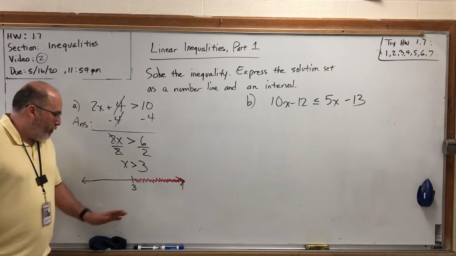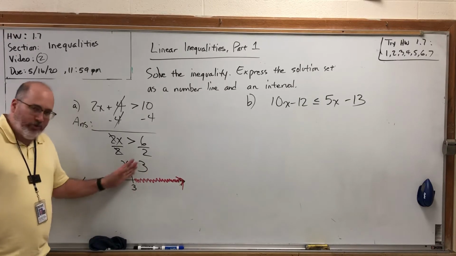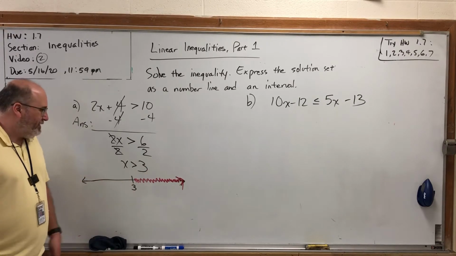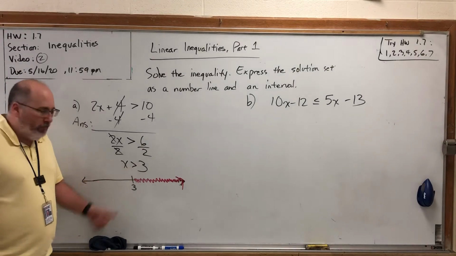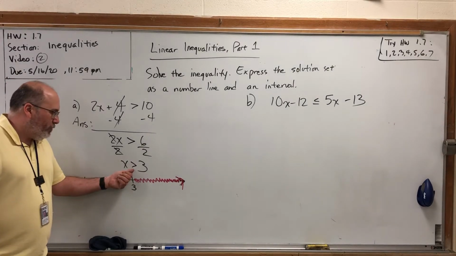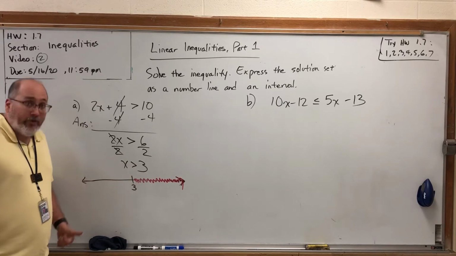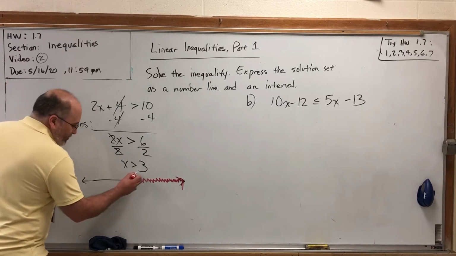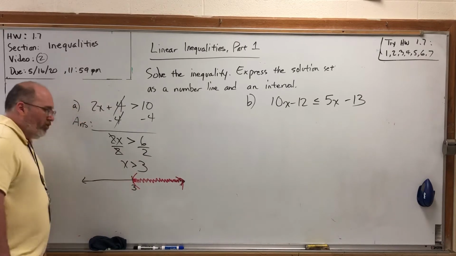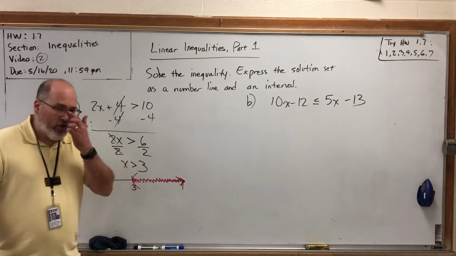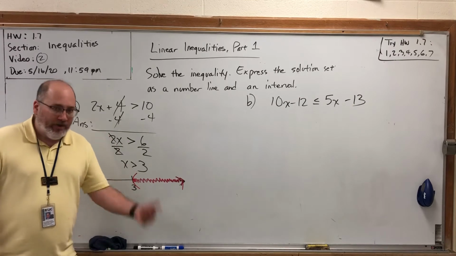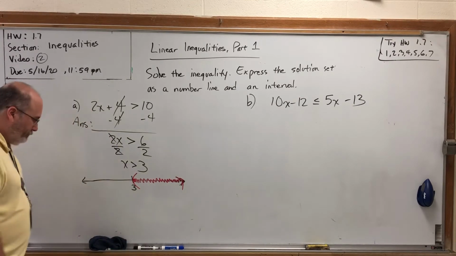Remember, a parentheses indicates that we do not want to include the endpoint, and that's dictated by whether or not it's allowed to be equal. Since this doesn't say or equal to, it just says x is strictly greater than 3, we don't want the 3, which means we need a parentheses. Greater than or less than, use parentheses. Greater than or equal to, or less than or equal to, use a bracket.